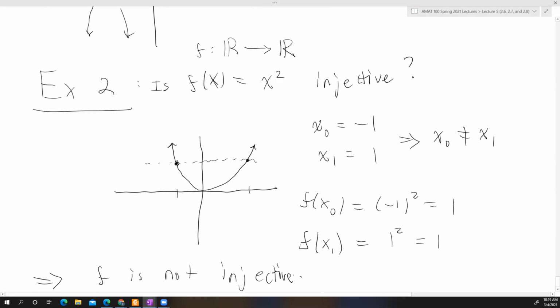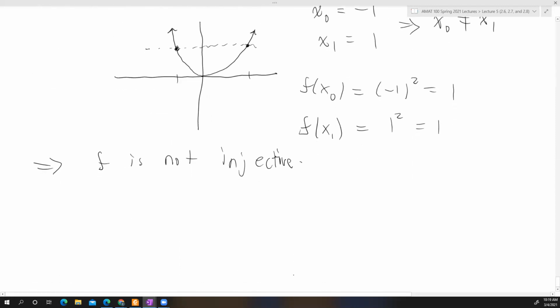And injective functions are very important. As I said, modern mathematics is really just sets and functions. When you get into more advanced mathematics, you'll study things like group theory and topology, and injective functions are very important.